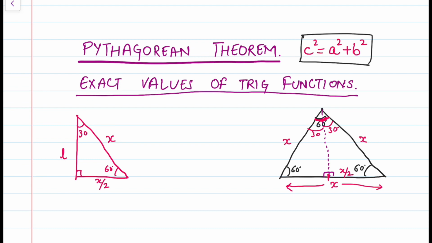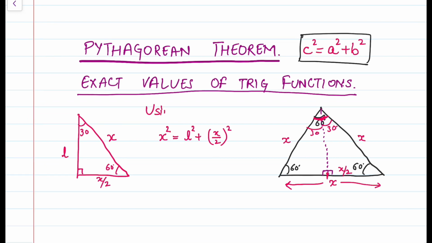So we can say that x squared, that is our hypotenuse squared, will be equal to L squared plus (x over 2) squared, and this is using Pythagoras theorem. All right, so now x squared will be equal to L squared plus x squared over 4.